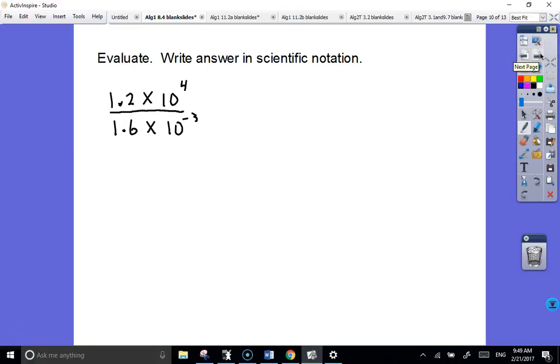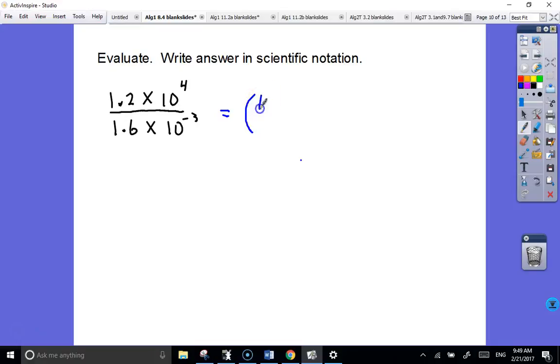Okay, how about dividing? We're going to have to divide these two numbers. And then 10 to the fourth over 10 to the negative 3, what do you do with the exponents? So subtract, right? Properties of exponents. That's why this follows properties of exponents. Okay, so I'm going to write it like this.